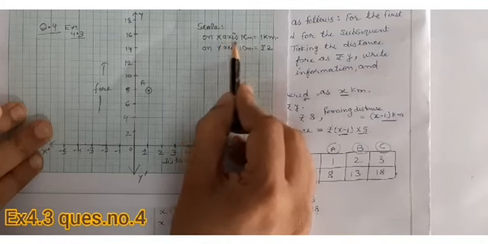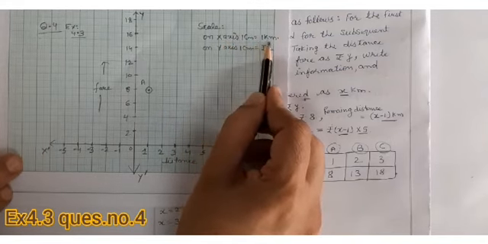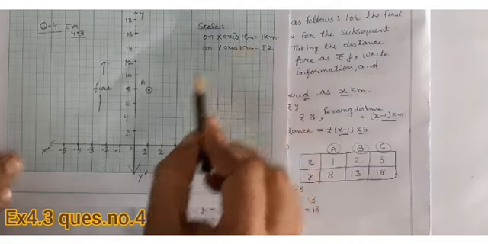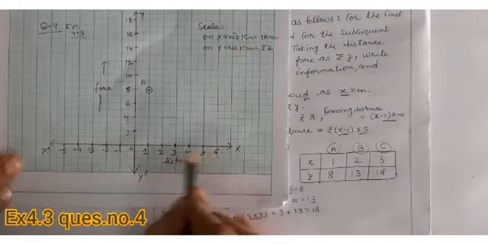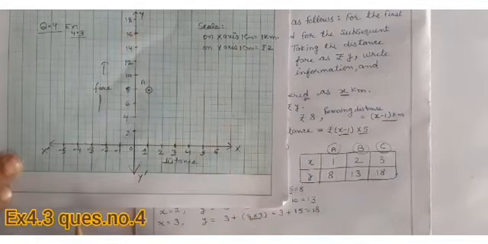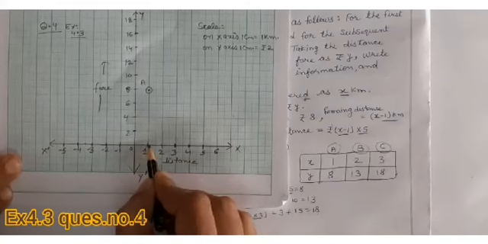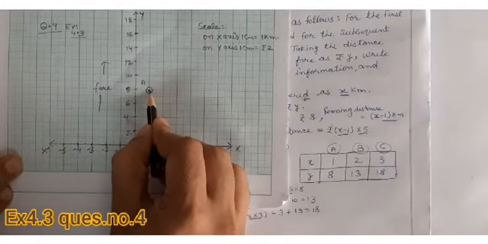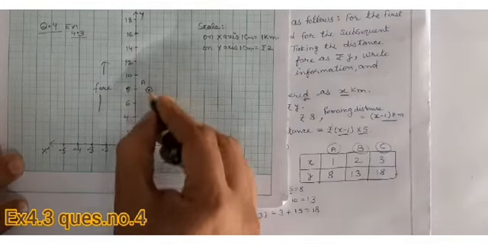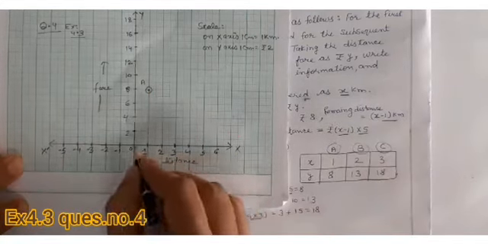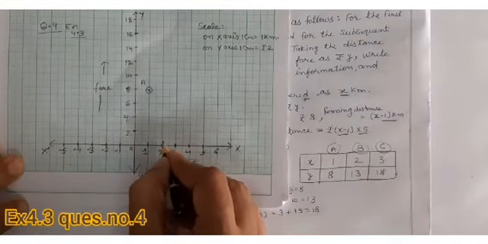I have taken on the x-axis 1 centimeter equal to 1 kilometer and on the y-axis 1 centimeter equal to rupees 2. See, 1 kilometer is here and here is 2. So when x is 1, y is 8. This is your point A. Then B is point 2 comma 13, x is 2, y is 13.